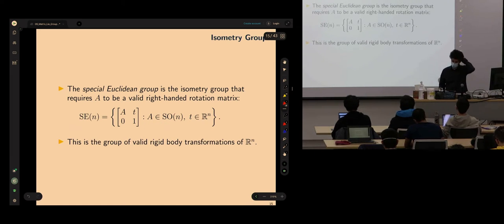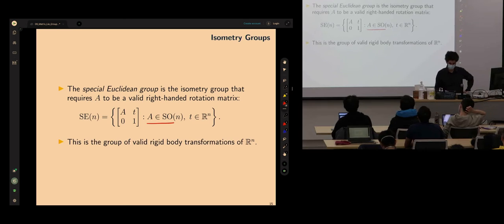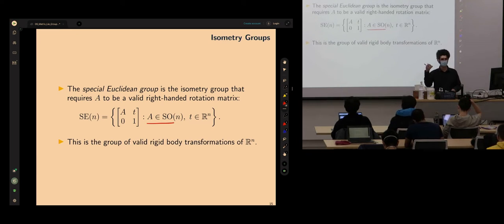So in the special Euclidean group, A is definitely a rotation matrix. T is just a usual translation. And our rotations are based on the right-hand rule. We don't work with the left-hand convention, right? Your right-hand thumb along the axis of the rotation, bend your fingers, that's the positive direction of rotation.